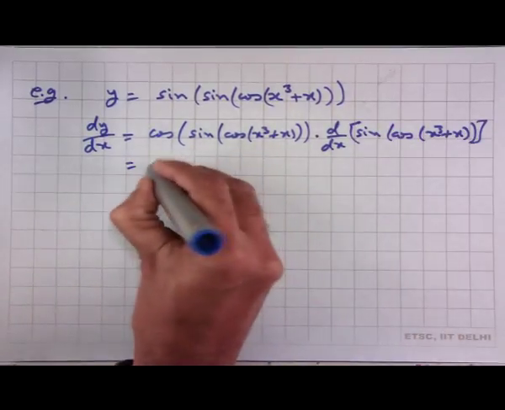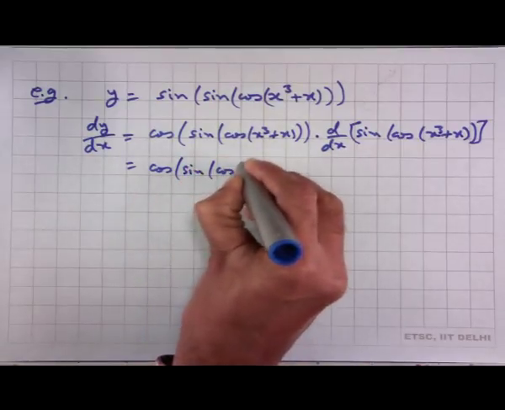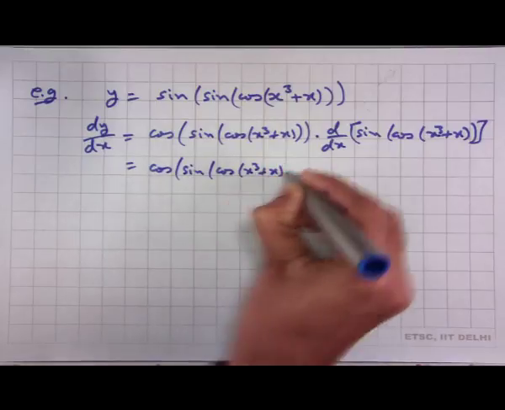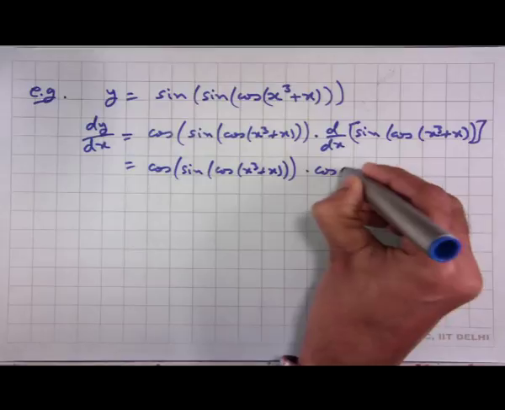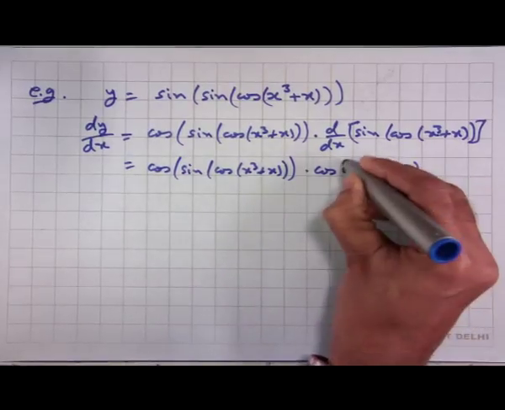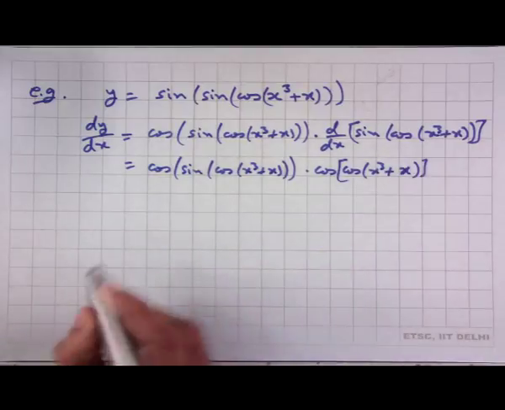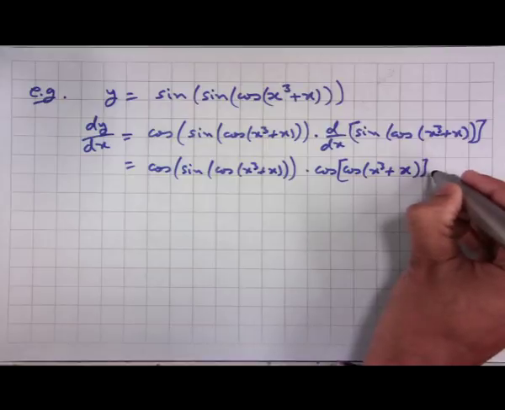Then you again use chain rule. So, this will give me cosine of cosine x cube plus x, and then the derivative of cosine x cube plus x, again you use chain rule for that.